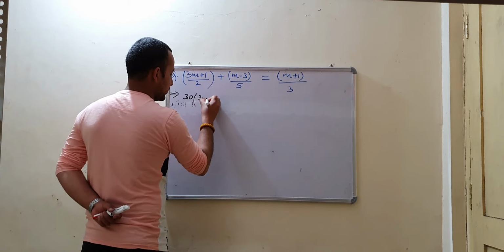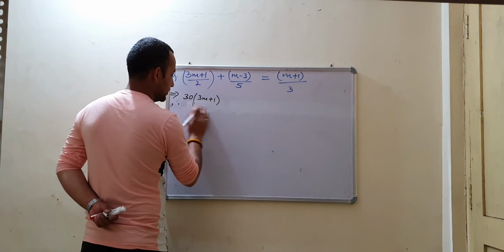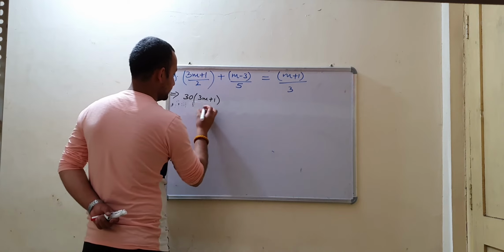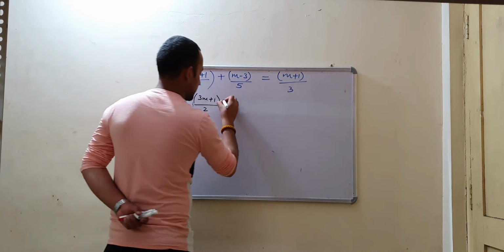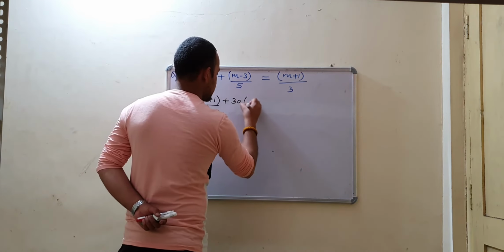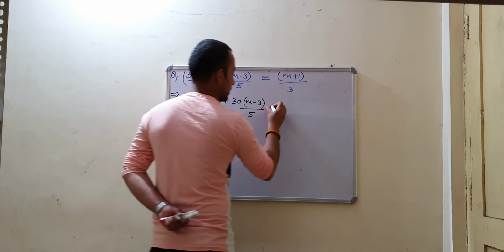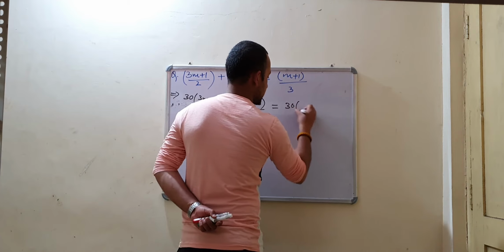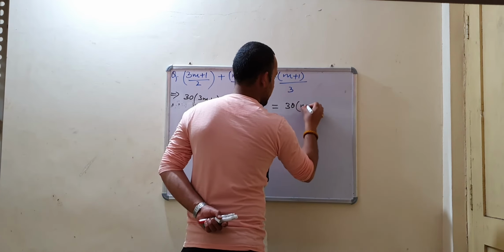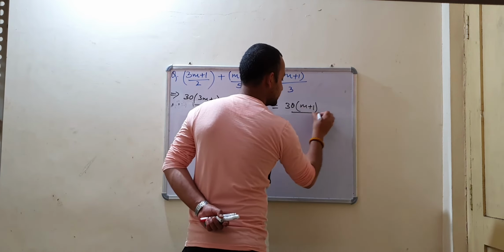So 30 times 3m plus 1 divided by 2, plus 30 times m minus 3 divided by 5, equals 30 times m plus 1 divided by 3.